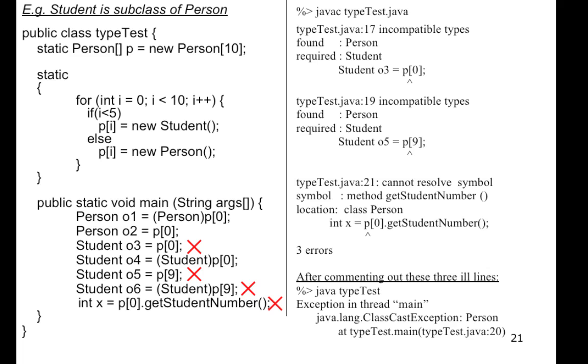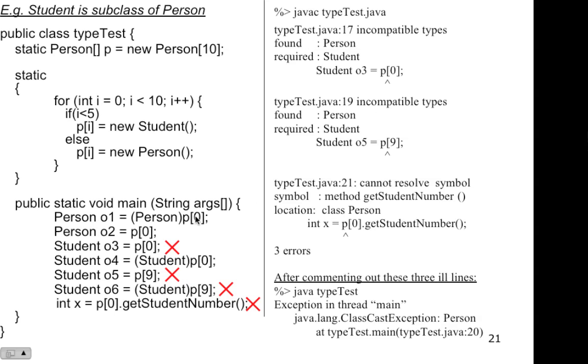In this particular example, where the red X's are, we're mixing and matching types of objects. Just because it's an object doesn't necessarily mean it can be used with another object, because you're going to end up with a type compatibility problem. At the top, it found 17 incompatible types for person, because we created this array up here and populated it. These are just a couple of examples: when you found a person and you required a student.